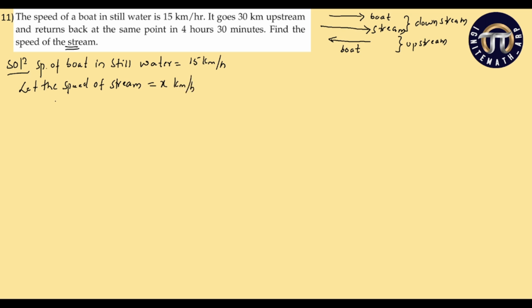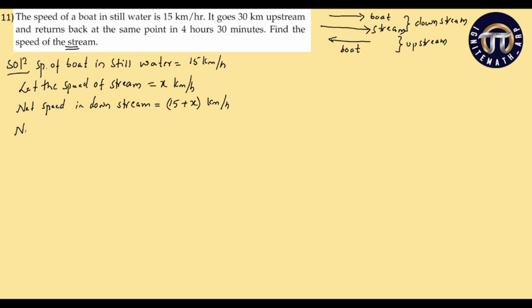Clear, children? So now the net speed in downstream is equal to the speed of the boat in still water plus the speed of the stream. This is nothing but the speed in downstream.